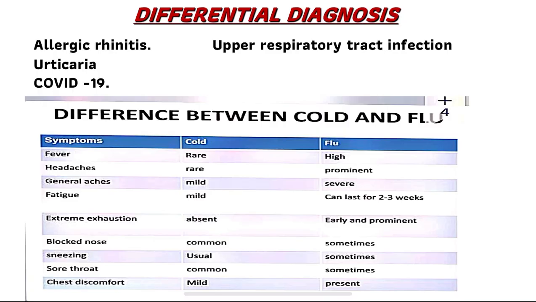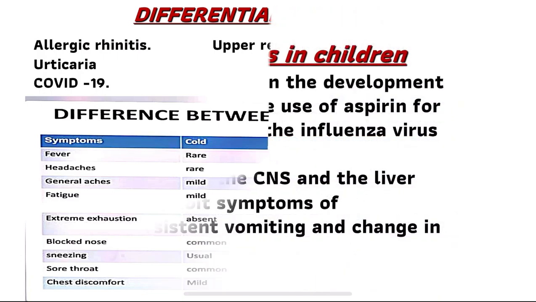How can we remember the main points? Fever is very rare in cold, but in flu it is very prominent, a high fever of 101 to 103 degrees. Headache is very severe in flu, and fatigue is prominent. Extreme exhaustion is seen.